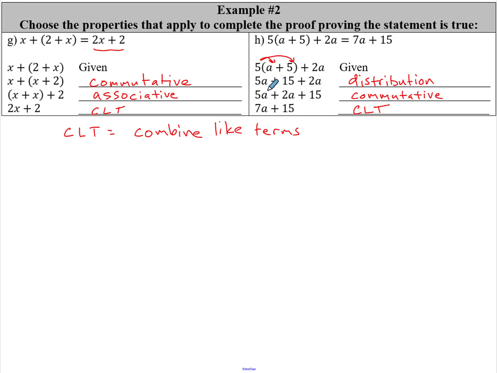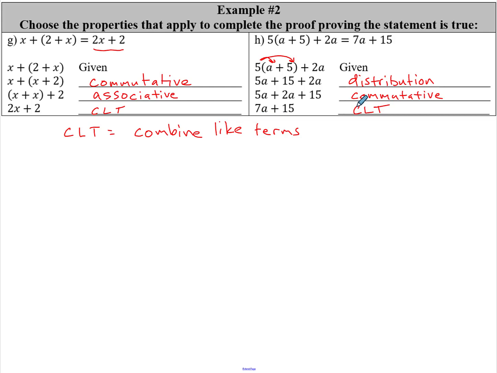Remember, it's always multiplying, and we include the signs, so we have 5 times a positive a, which is a positive 5a. 5 times a positive 5 gives me that positive 15. So we did our distribution, and then it looks like the 2a moved closer to the 5a, switching spots with the 15. So that is our commutative property, and then we ended with the 7a by combining like terms.